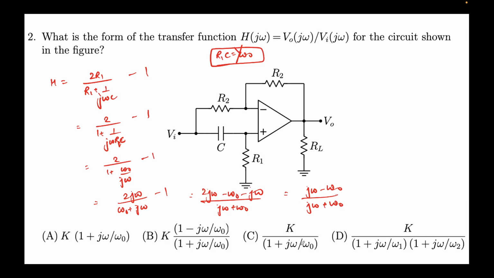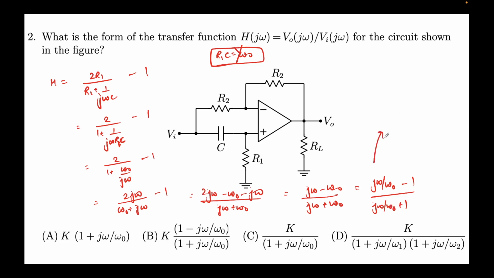Now again we want to reduce it in terms of j omega by omega naught. So I'll take omega naught common from the numerator and denominator both. What I'll get is j omega by omega naught minus 1 over j omega by omega naught plus 1, right? Now we can see we are closing in on these forms.